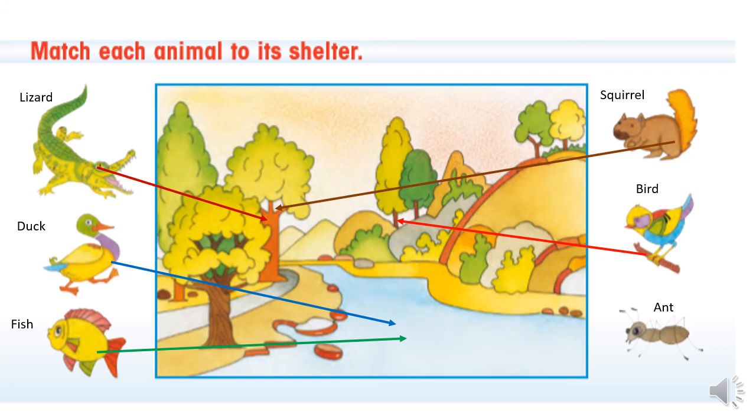Sure, no. I can see it maybe on the soil or in the soil and maybe on a tree, but mainly where? On the soil. Good job, guys. These are the animals and their shelter. Don't forget, shelter is a place where animals can live.